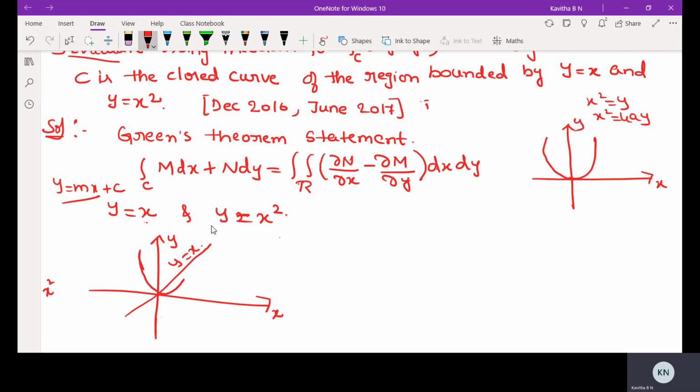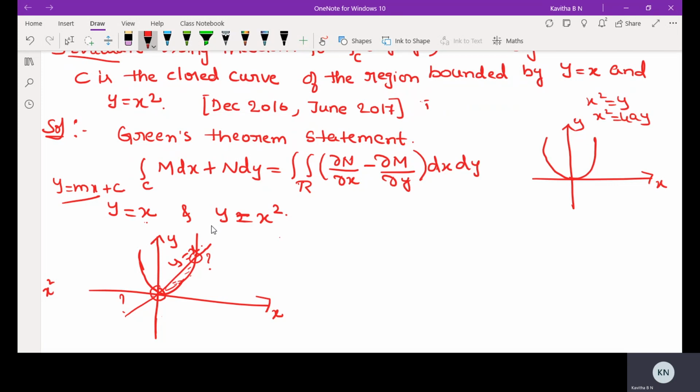Draw the curve, then we will get this region. Then we need to find the points of intersection. This point we need to find, and also this point.